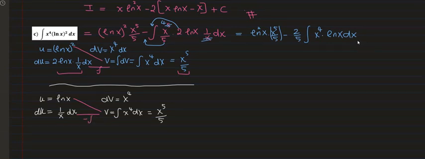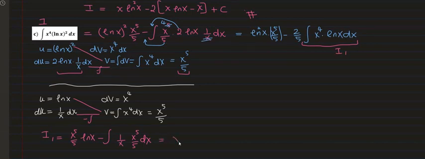So this integration, let's call it something else like I1 to differentiate between it and the integral that we have here. So I1 now is equal to u times v, which is x to the power of 5 over 5 times ln x, minus the new integration, which is 1 over x times x to the power of 5 over 5 dx, right?